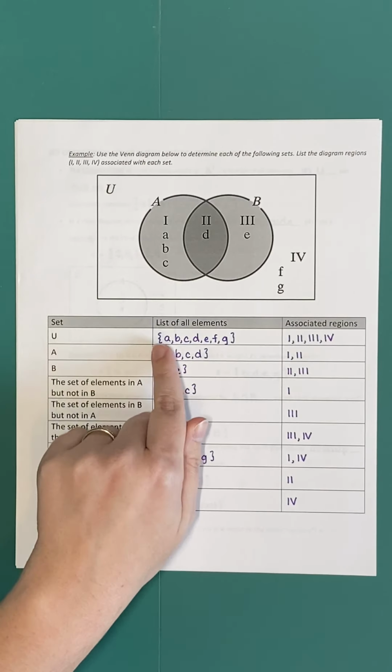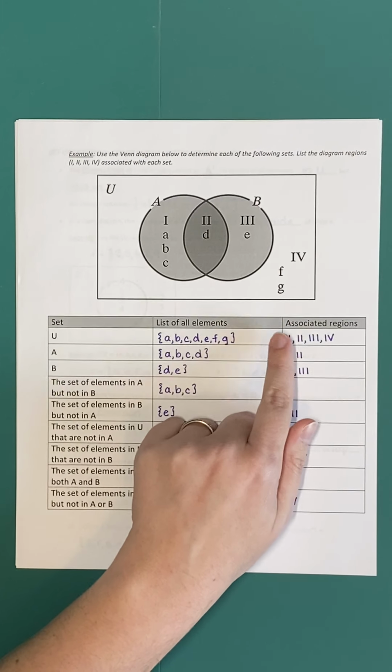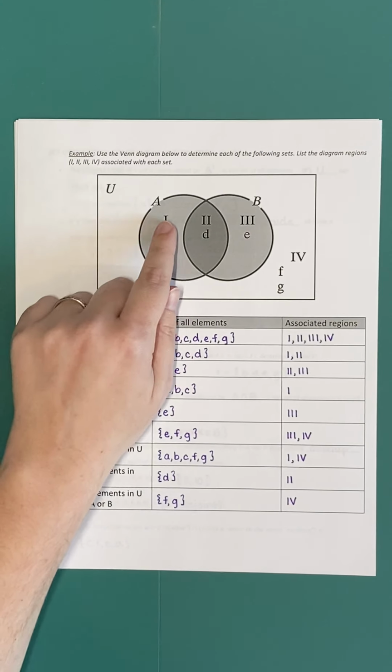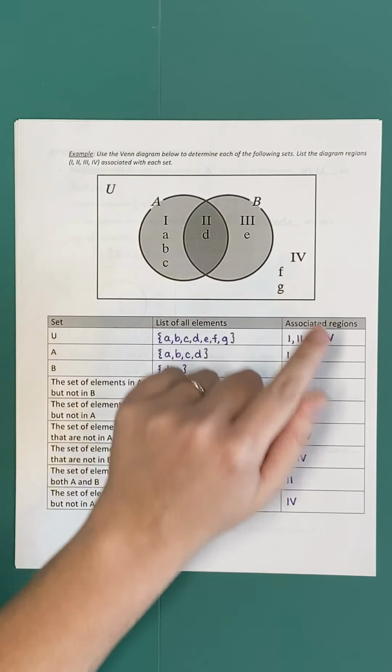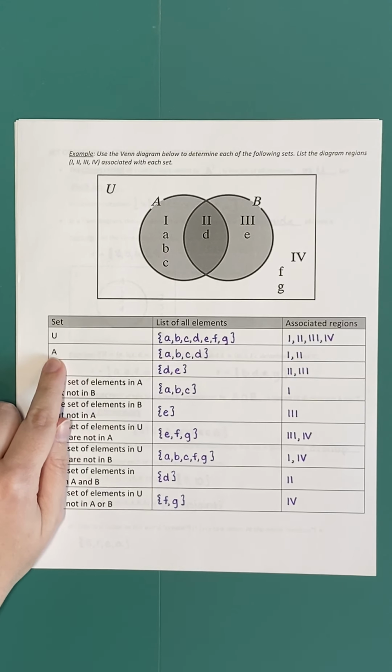So the universal set is going to be all the elements from A to G. And if we identify the regions associated with the universal set, that's going to be all 4 regions. All 4 of these regions represent the rectangle as a whole, so all 4 of these regions make up the universal set.